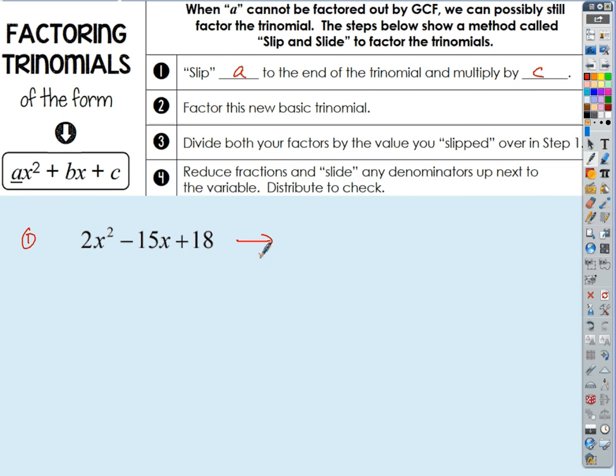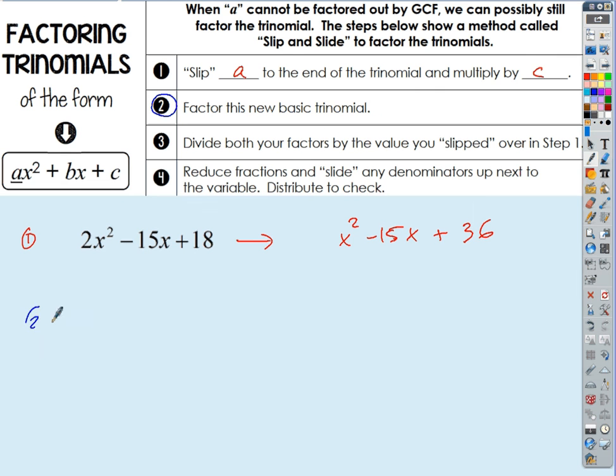This is going to become x squared minus 15x plus, what's 2 times 18? 36. Okay? Step 2 says factor this basic trinomial.